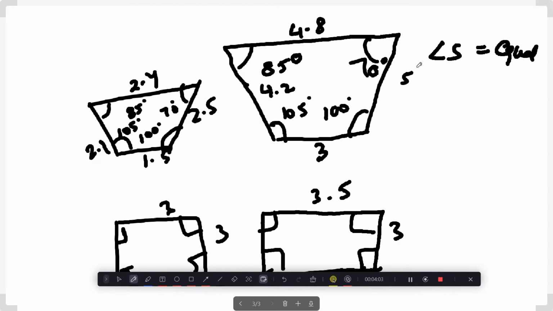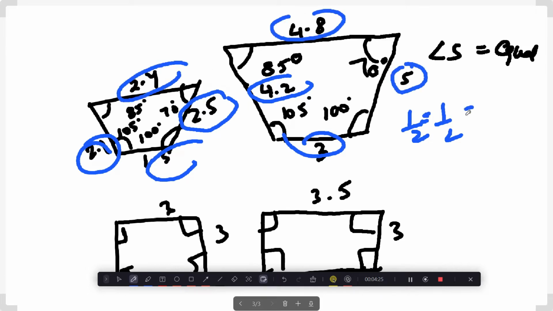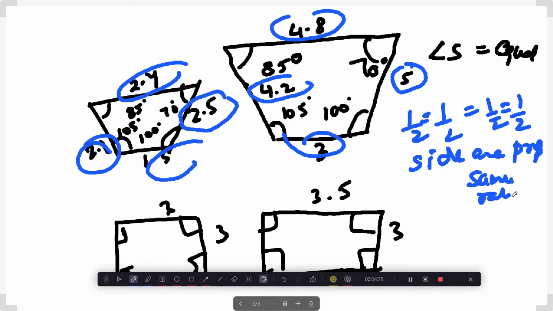Now let's see the ratio of the sides. 2.1 divided by 4.2 is 1 by 2. 1.5 divided by 3 is 1 by 2. 2.5 divided by 5 is 1 by 2. 2.4 divided by 4.8 is 1 by 2. So all are 1 by 2. Sides are proportional, or in the same ratio basically. So therefore these are similar.